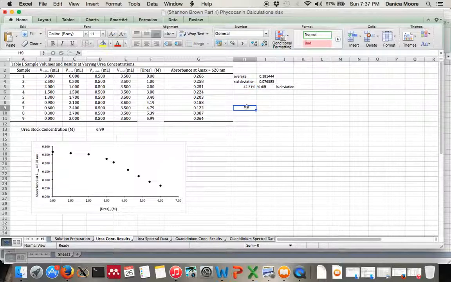You'll see if you try and put a fraction in, most of the time it will do something like this, where it's auto-formatted this to mean a date, right? Which is kind of annoying, but you'll remember you have to put this equals sign in before you can put your formula in. And even still, let's try this again.